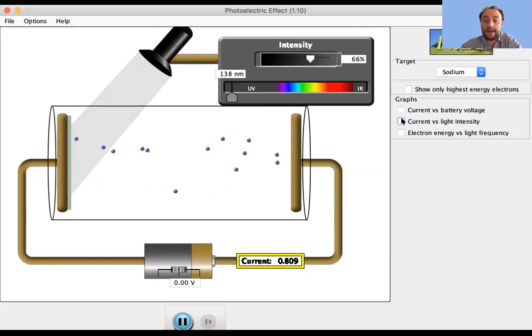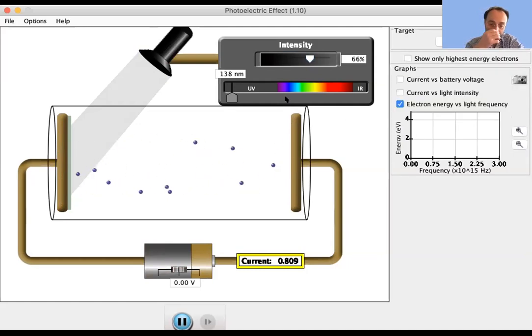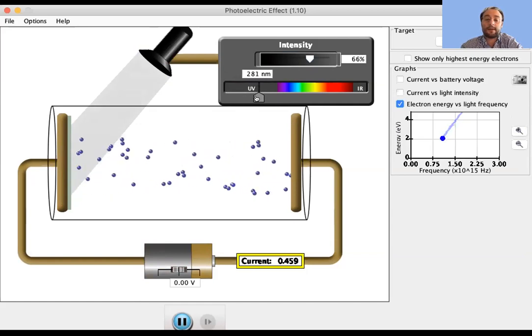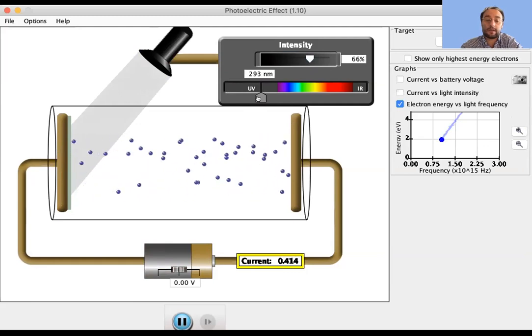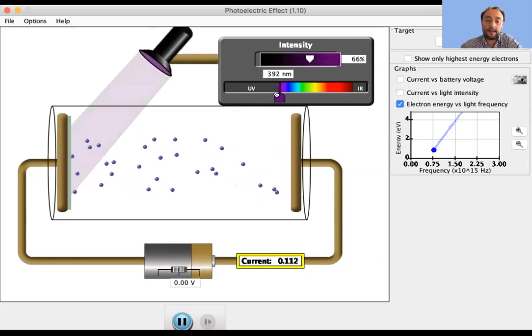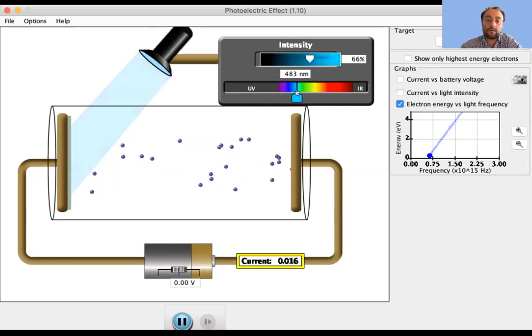And so let me plot that. Electron energy versus the frequency. I'm going to keep the intensity fixed now and change the frequency. And you can see that as frequency decreases, kinetic energy of particles decreases. And then at some point, they're hardly moving.